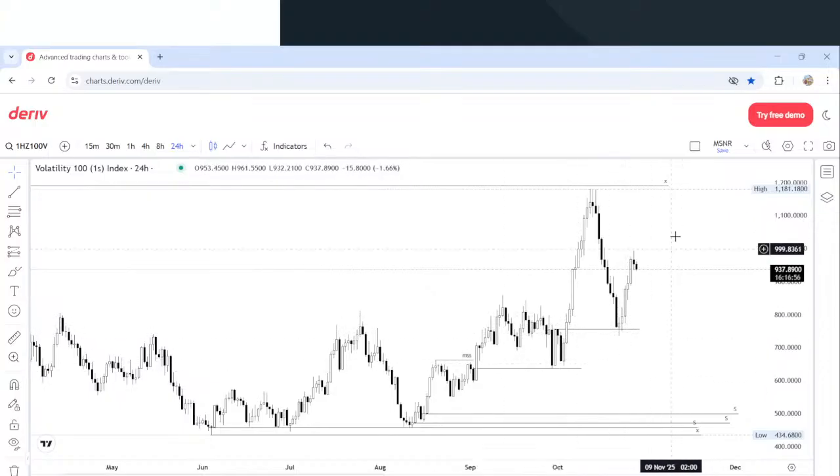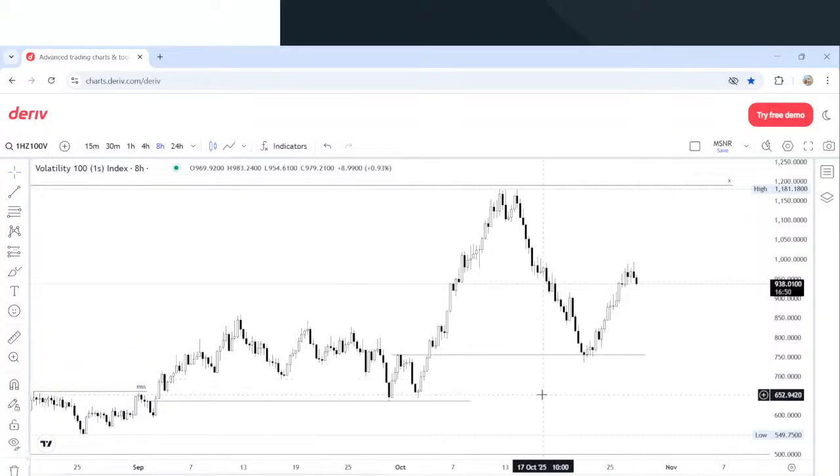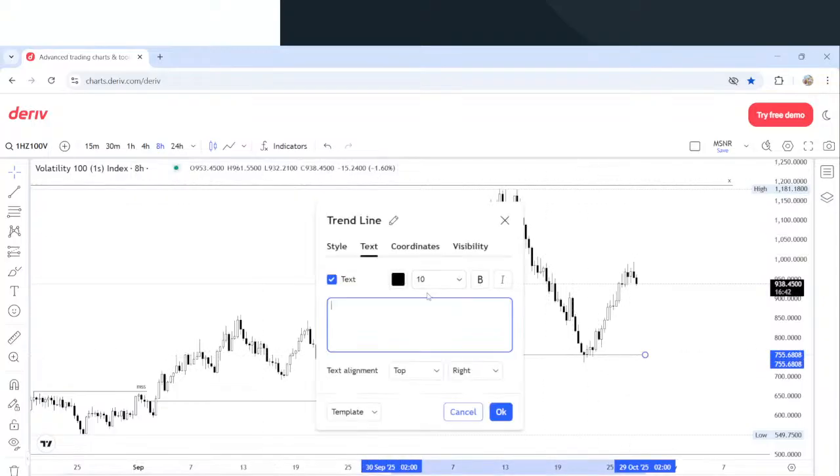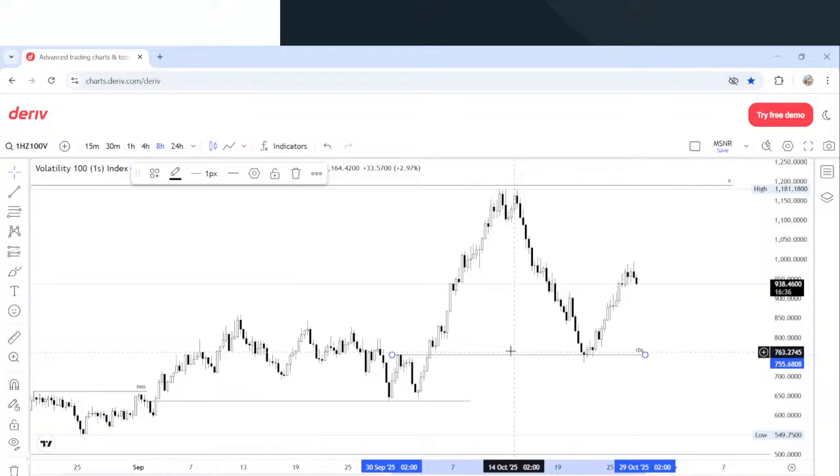If you go to a lower time frame, yeah, it's an inner RBS. So it reacted on that. And then it went and went and went, and then there was this structure here.